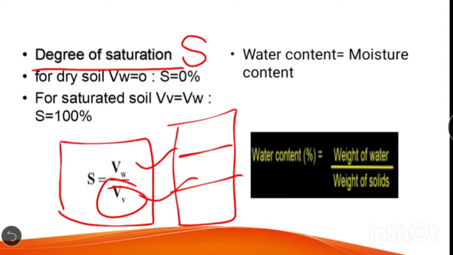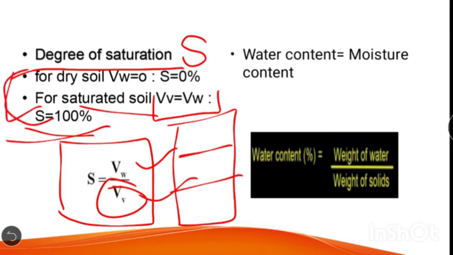For saturated soil, which is also a two phase system, there is no air, so the volume of void is equal to the volume of water in this case. So the degree of saturation is 100%. These are the simple key points you should know.